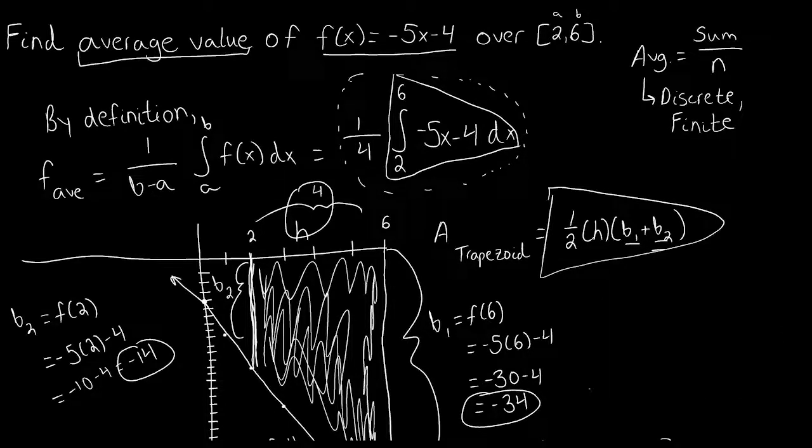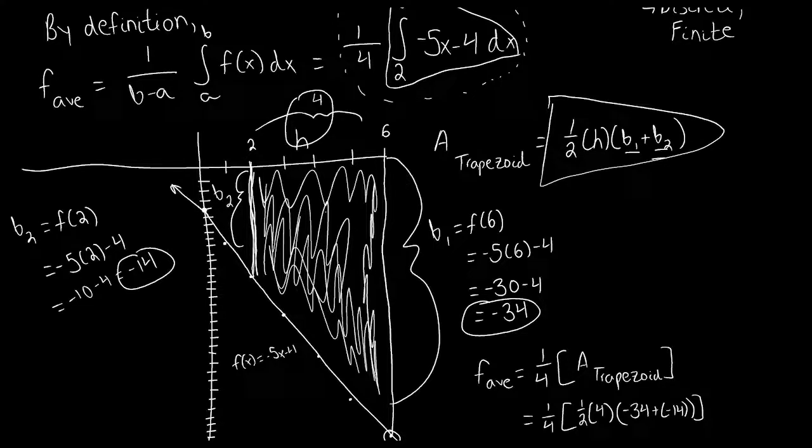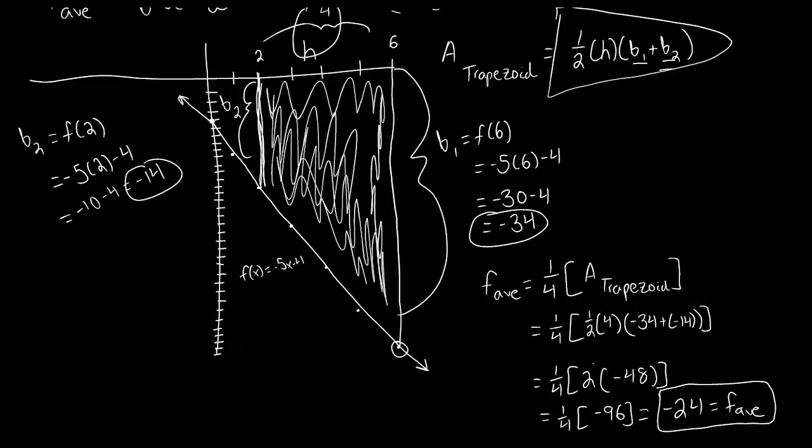So we use the definition of the function's average value to compute what we have here, and then using our knowledge of definite integrals up to this point, we know that we can substitute in for our definite integral an area formula that represents the shape of our shaded region. And we found that to be the area of a trapezoid. So we found the dimensions that we needed, and then we plugged in for our definite integral the area of a trapezoid formula. We evaluated it to find our function's average value.